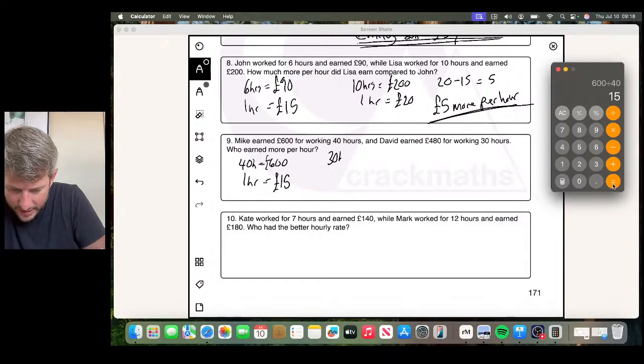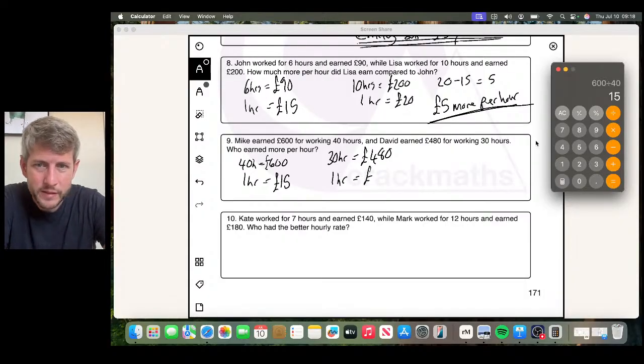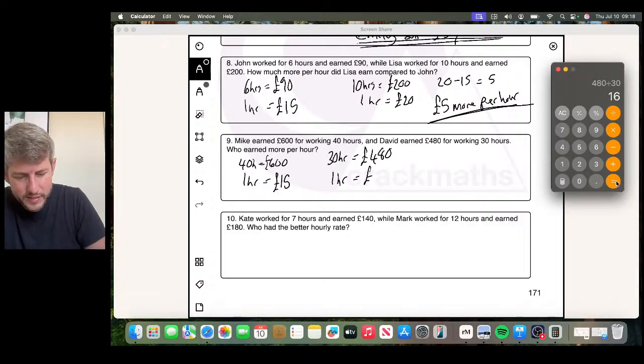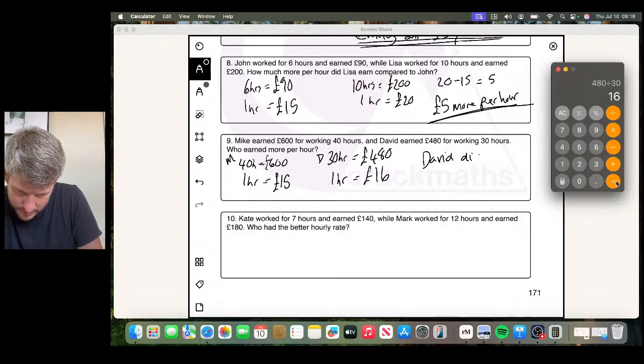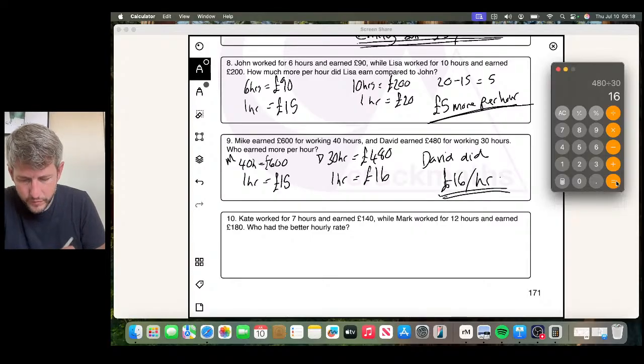David, we've got 30 hours equals £480. So 1 hour will equal this divided by 30, which I think might be 16. 480 divided by 30 equals 16. Yeah. So this is Mike, this is David. Who earned more per hour? David did, £16 per hour.